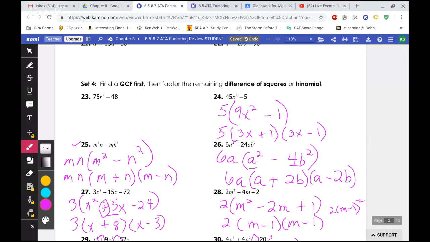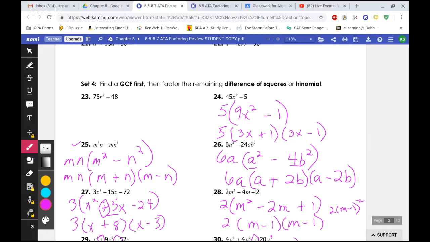All right, number 23. We want something that will go into 75 and 48. And remember, your number one step is to check with your primes, and 2 is the first greatest common factor that you can think of that's prime. But numbers have to be even in order for 2 to go into both, and 75 is not even.